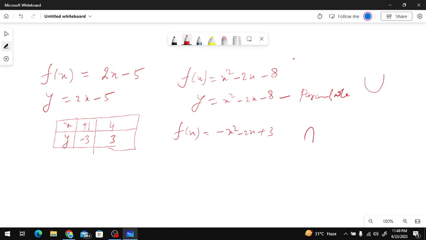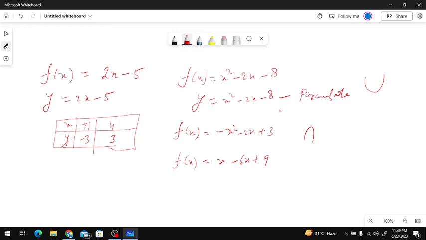But if you want to put it on the x-axis, your equation should be f(x) equal to x square minus 6x plus 9.